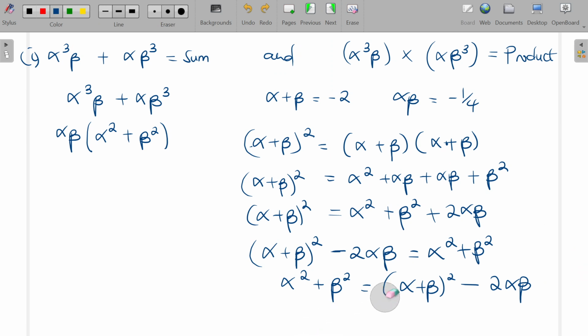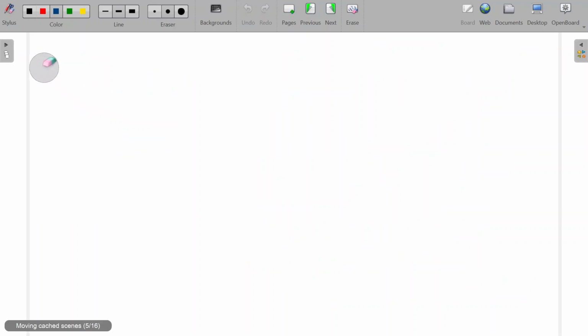Okay, are we together up to this point, everyone? Yeah. All right. So when you reach this part, now you're going to replace this component here on the inside. As a result, you're going to have alpha beta, okay?